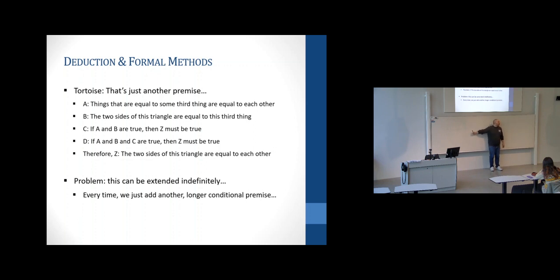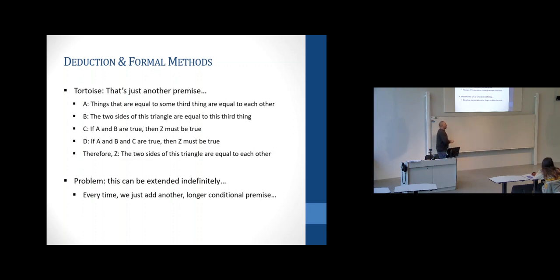What happens if we come across someone who's skeptical of an inference rule? Well, a lot of times you have to use the inference rule to justify the inference rule. We can't bootstrap them into it. That's bad.